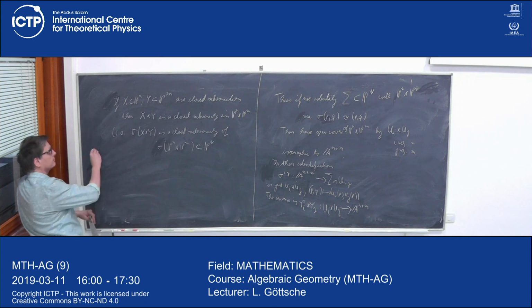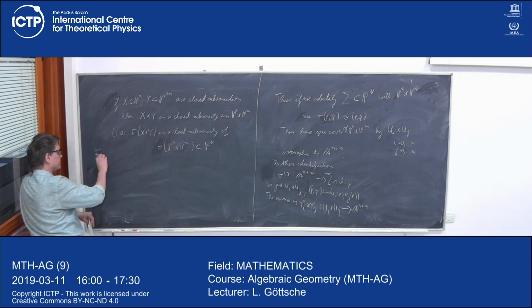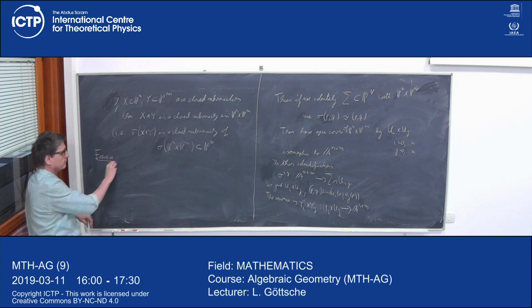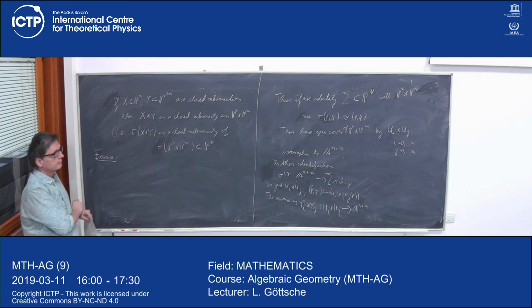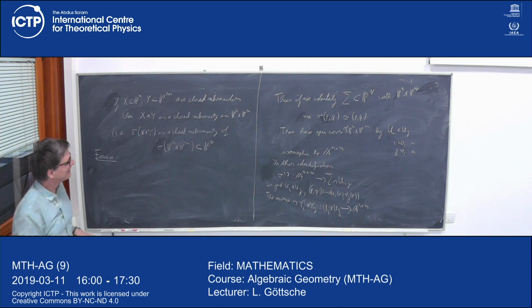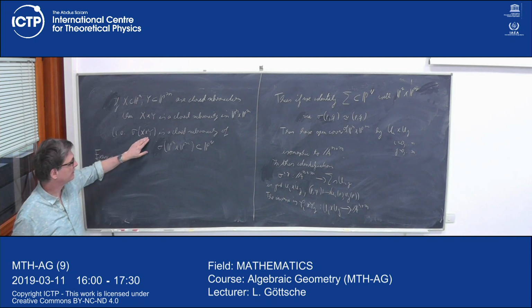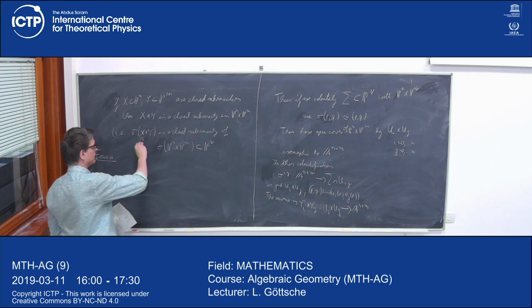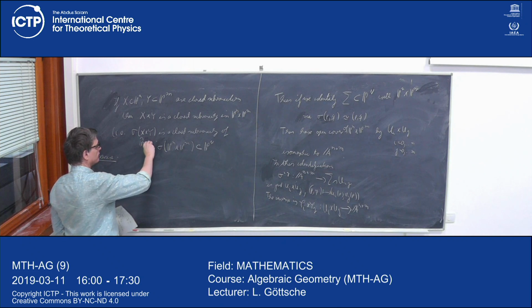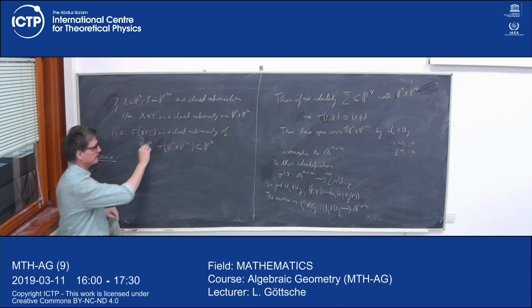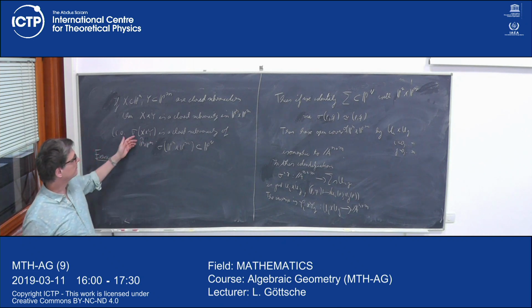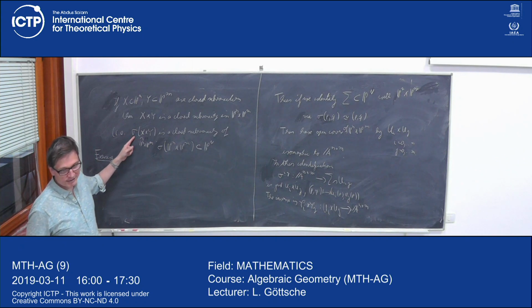So I will just formulate this as an exercise. Sigma of x times y. Is x times y here a set theoretical product? Yeah, here I'm just taking the set theoretical product, so this is in Pn times Pm. Basically the identification is that sigma is the identity.